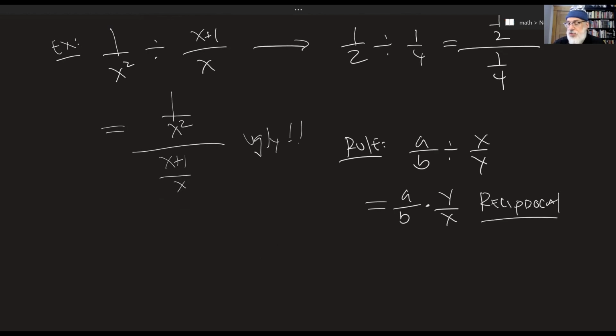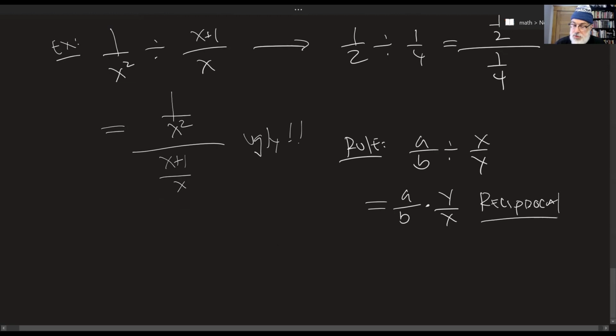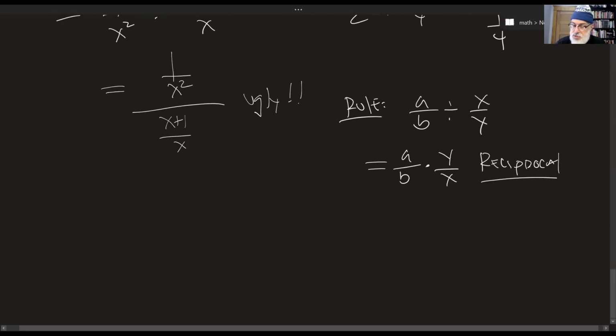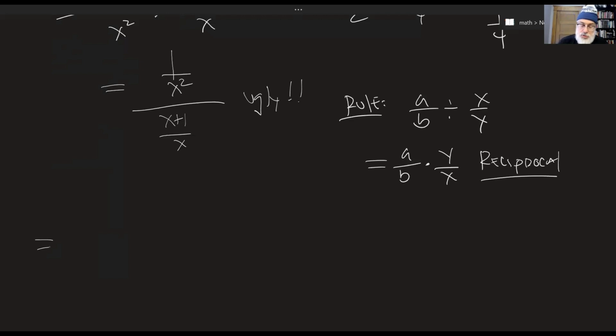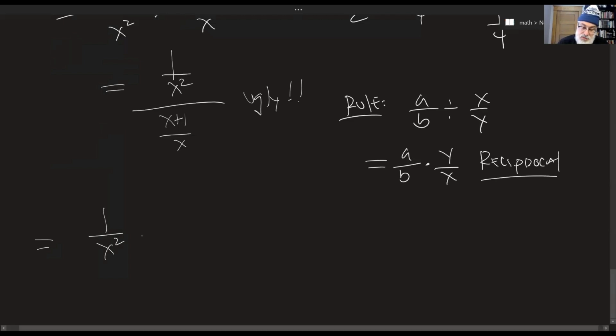I think in a previous lecture, I spelled reciprocal wrong, and that's embarrassing, but I made sure I spell it right this time. So with this rational expression, we're going to do the same thing. Instead of writing that ugly fraction on fraction, this becomes reciprocal multiplication.